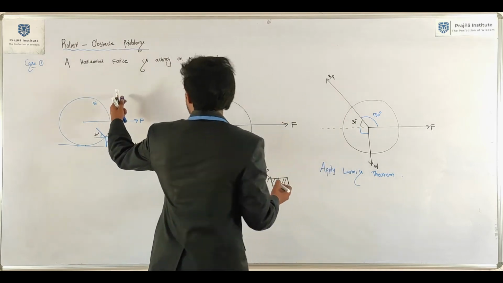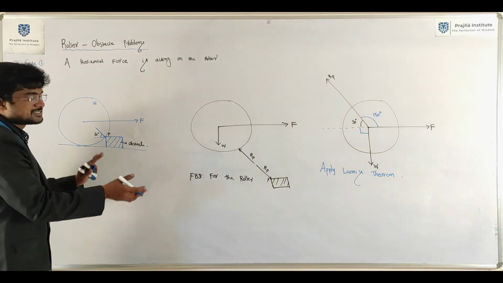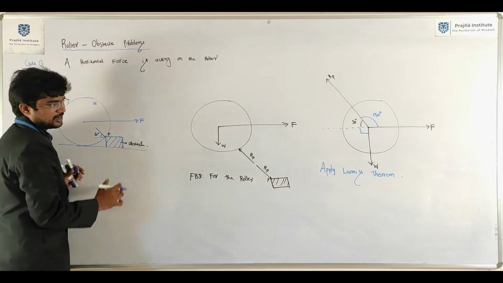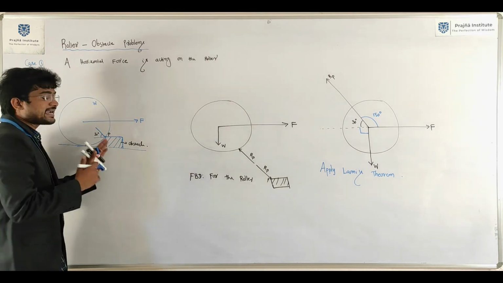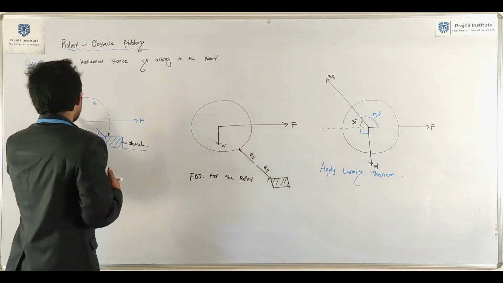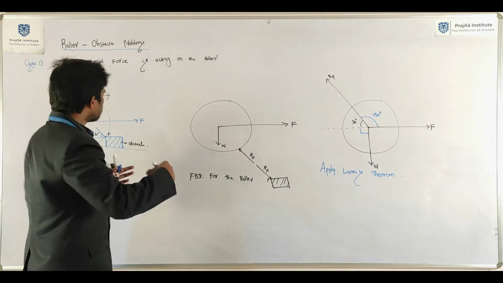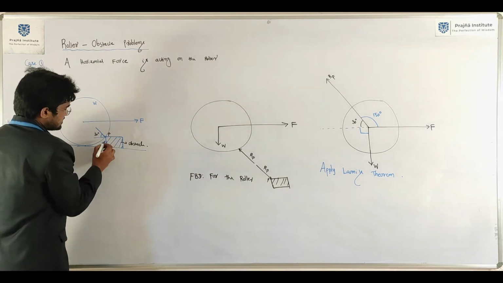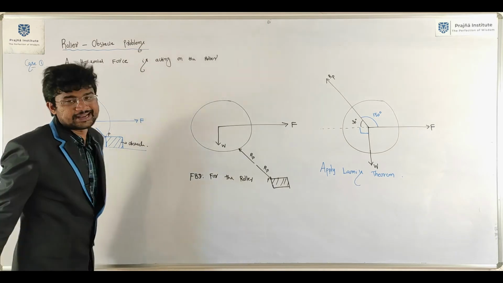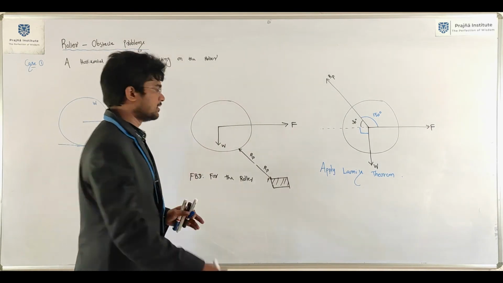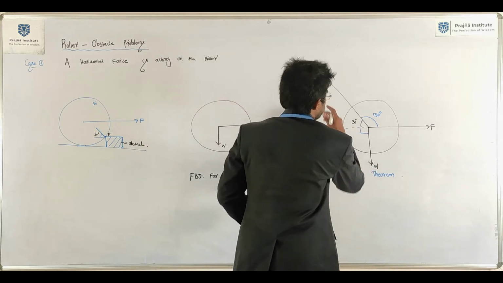So it is case number 1. A horizontal force is acting on the roller. Some obstacle is present here. In that case, what is the magnitude of force we need to apply to pull the roller? The roller is in contact with the contact point P. At that time, roller will be in the air. So apply Lami's theorem.